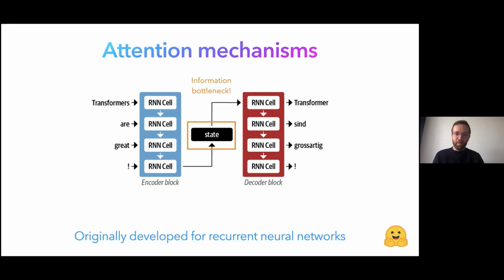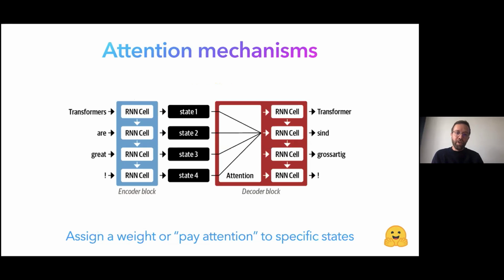So people were aware of that issue, and a few years ago, some people came up with a solution that helps overcome that information bottleneck in between. The core idea is that instead of just creating one state at the end, which represents the whole input sequence, you can create a state at every step of the way.